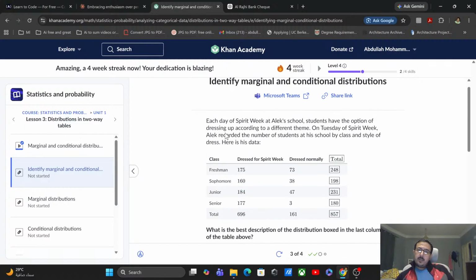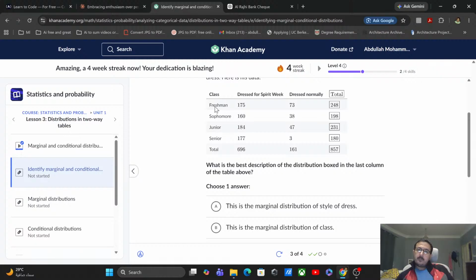Here is his data. What's the best description of the distribution boxed in the last column of the table above? Marginal.